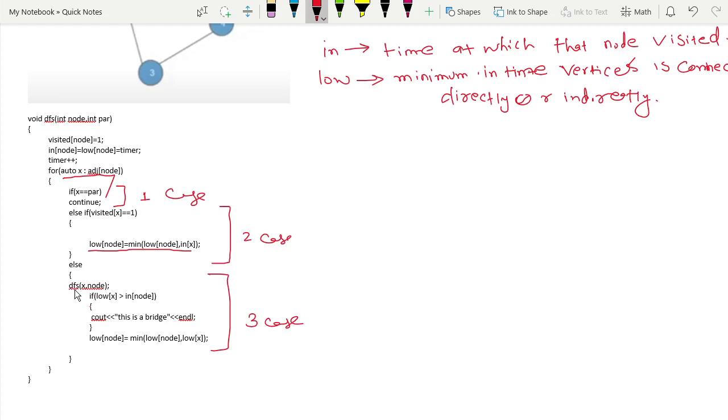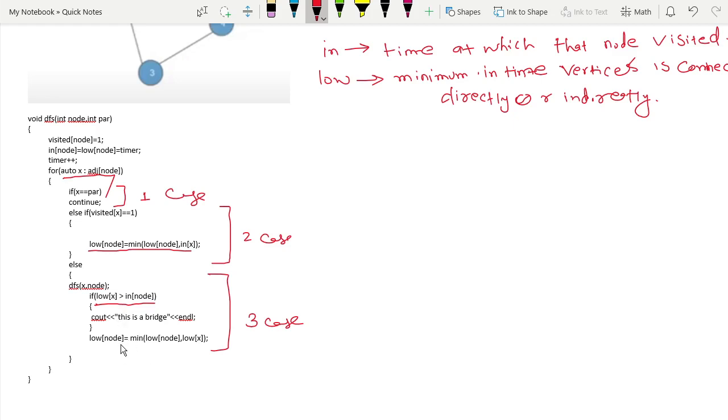If it is not visited, then we call a DFS from here, and after that we check whether the edge that we have traversed is a bridge or not. And this is the condition for any bridge: if the low time of the child is greater than the in time of the node, then that edge will be a bridge.